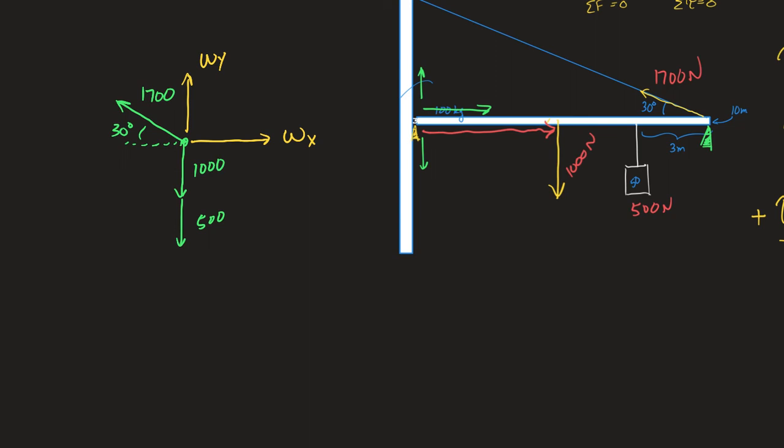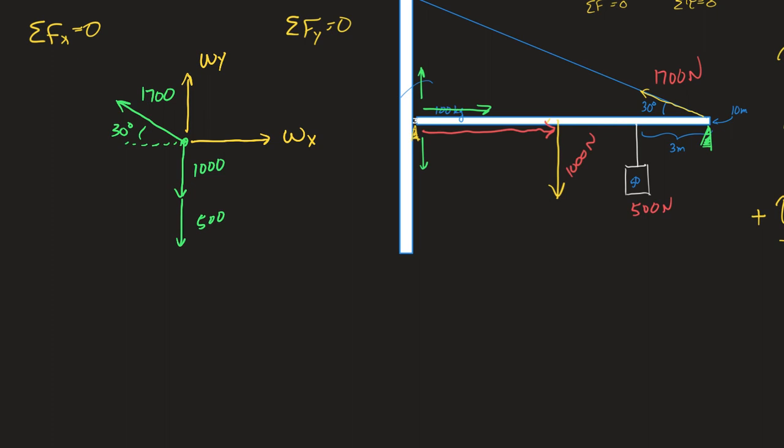Net force has to be equal to 0. So net force in the x direction is going to be 0. Net force in the y direction is going to be 0. Not much to do here, and we've done this problem plenty of times before. So I'm going to look closely and realize that the 1,700 will have to be broken up into components.